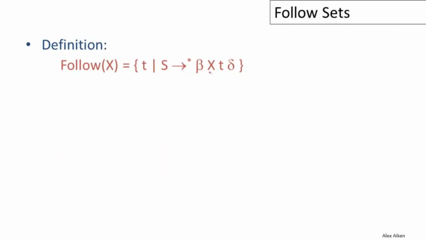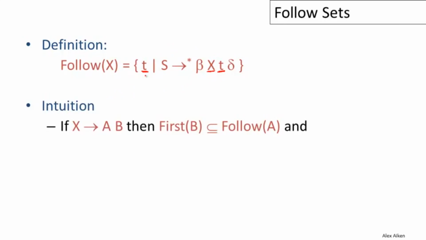It depends on where that symbol can appear, where that symbol is used in the grammar. And we say that T is in the follow of X if there is some derivation where that terminal T can appear immediately after the symbol X. And all such T make up the follow set of X.